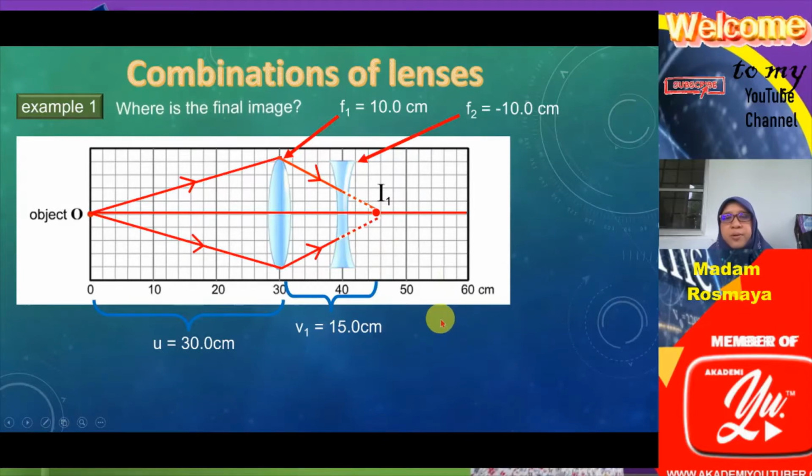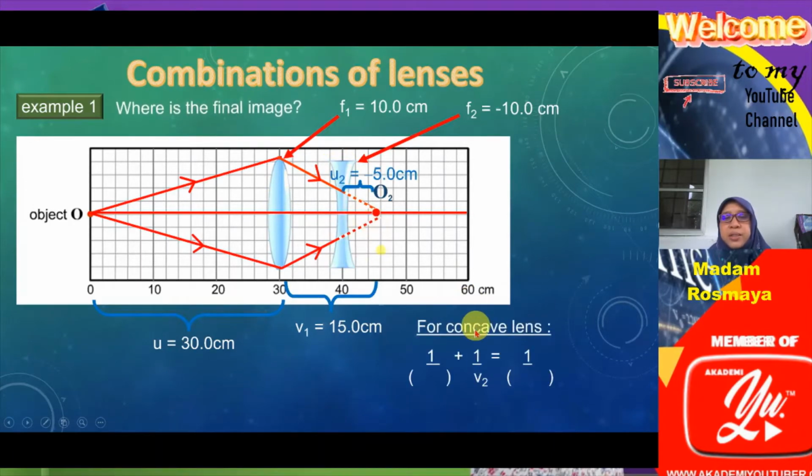We take this image as an object. For the second calculation, we ignore the convex lens, so we just refer to this concave lens.